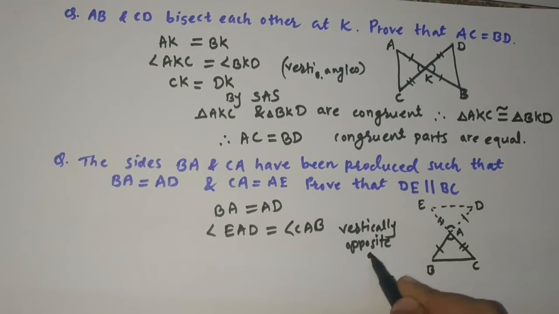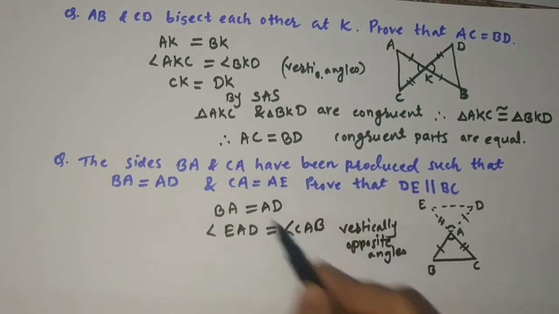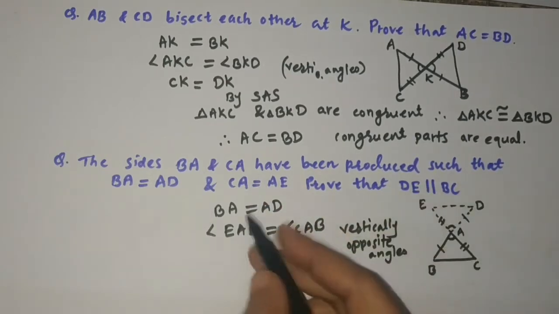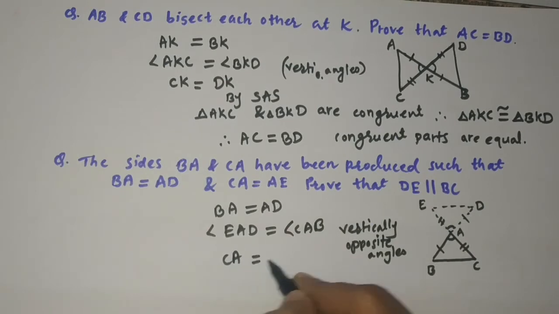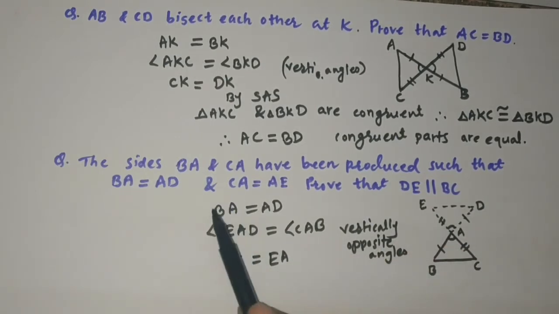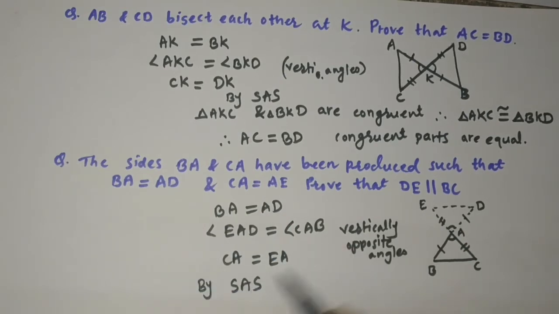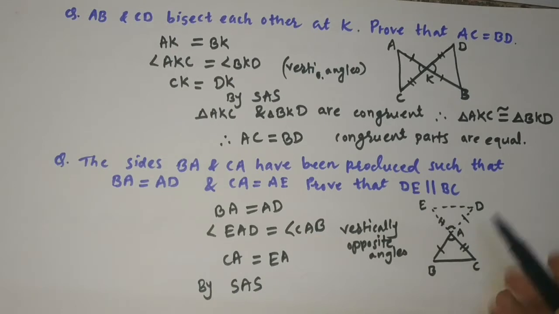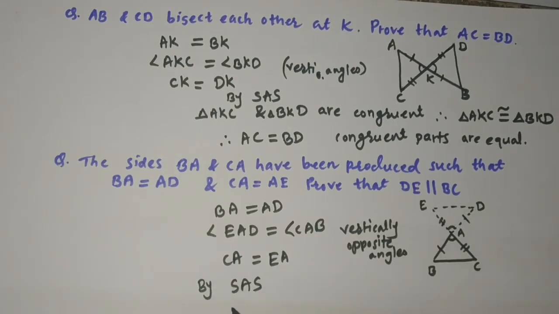And the next one is CA is equal to AE, or you can say EA. So now I have side angle side. By SAS condition, triangle EAD is congruent to triangle CAB.